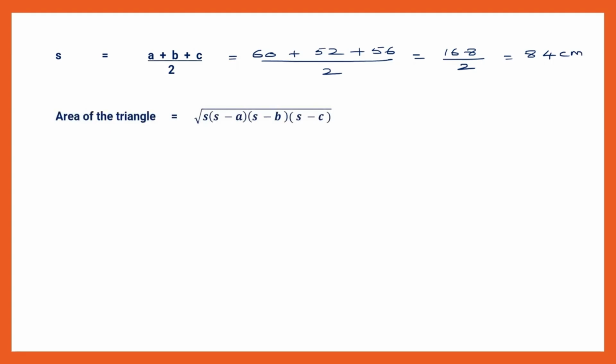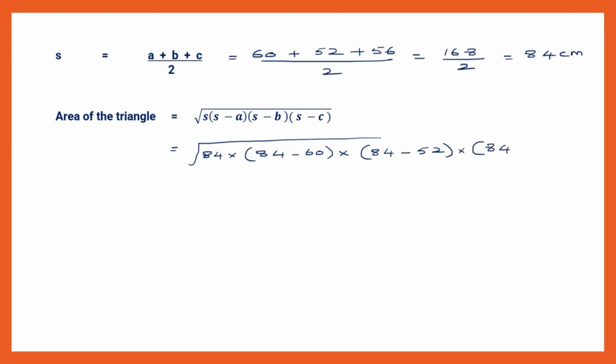Now we can find the area by applying this formula. So the area of the triangle will be the square root of semi-perimeter, which is 84, into 84 minus the first side, which is 60 centimeters, into semi-perimeter, which is 84, minus the second side, which is 52, into 84 minus the third side, which is 56.